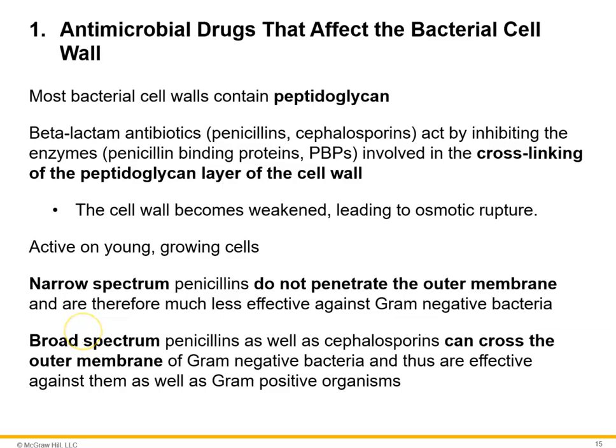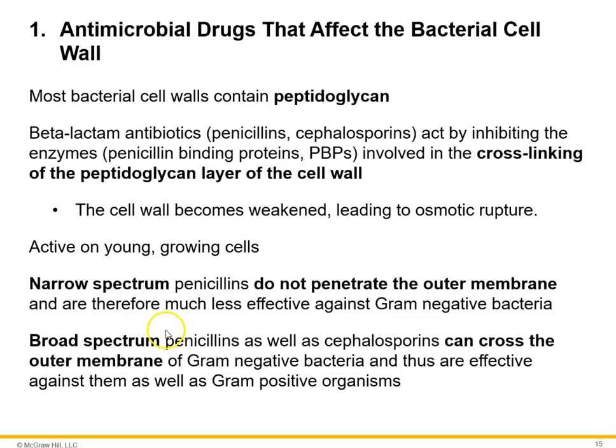Now, some penicillins are narrow spectrum and some penicillins are broad spectrum. The difference here is the narrow spectrum penicillins can't penetrate the outer membrane of gram-negative bacteria, so they're not going to be effective against gram-negatives. The drug cannot get inside of the cell to inhibit those enzymes that are building the cell wall.